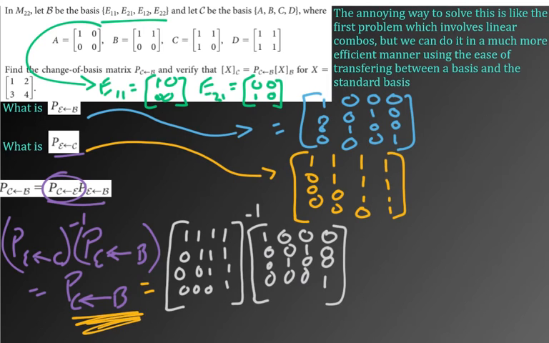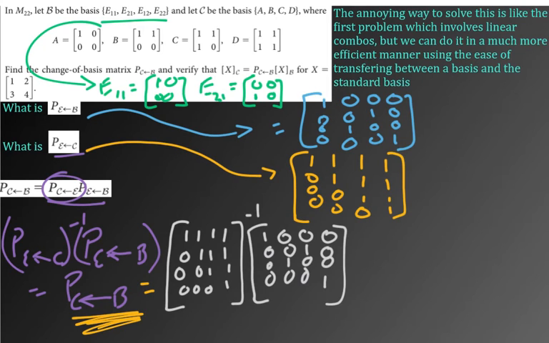In this problem, it's pretty nice to write X in terms of B. So if you think about these as your basis vectors for B, it's probably not that hard to see that, let's see, what color do I want to do?